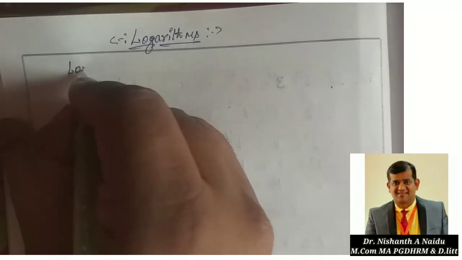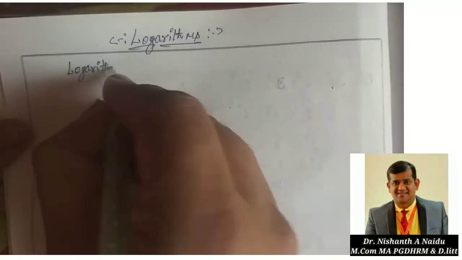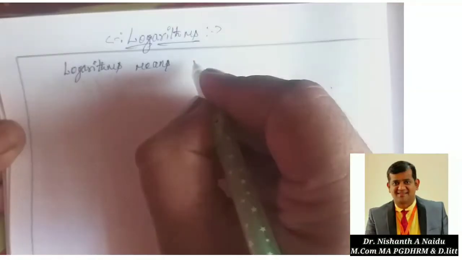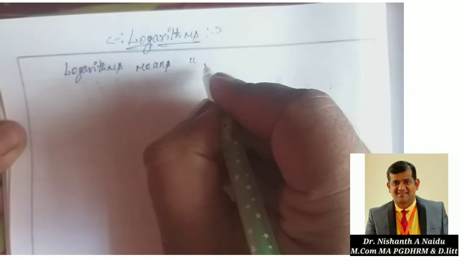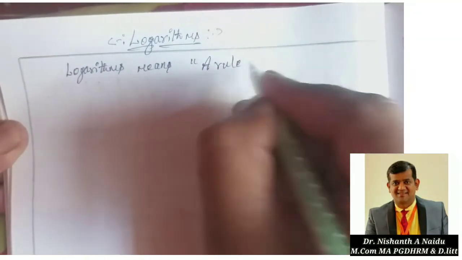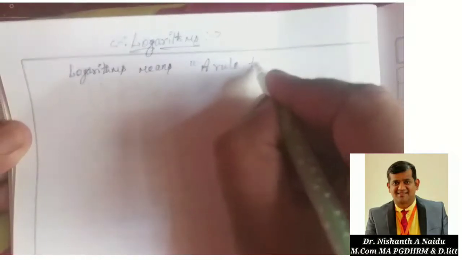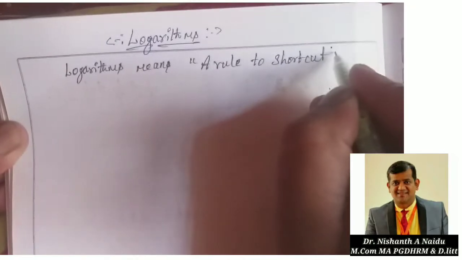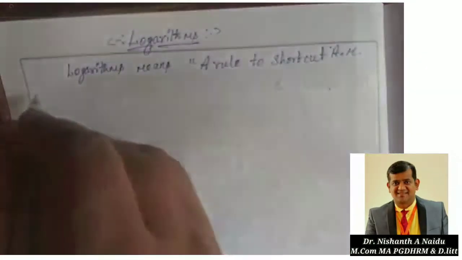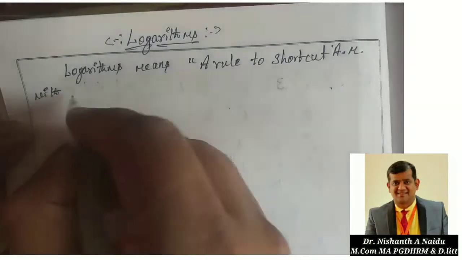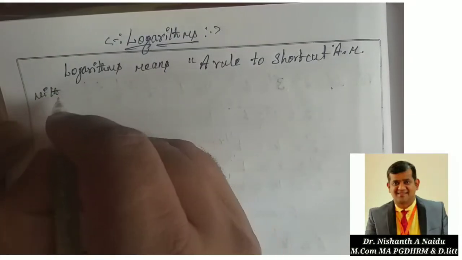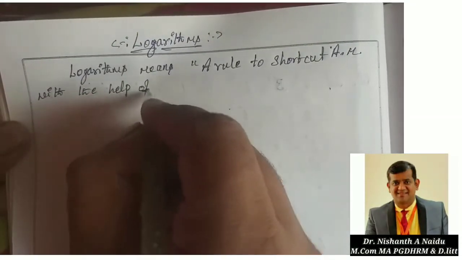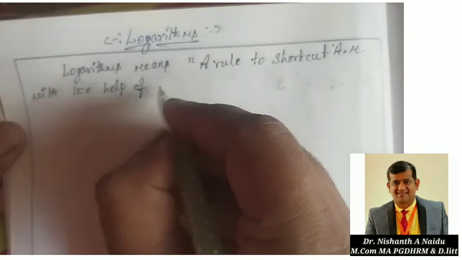So, logarithm means, open inverted commas and write: a rule to shortcut arithmetic calculation with the help of logarithm.